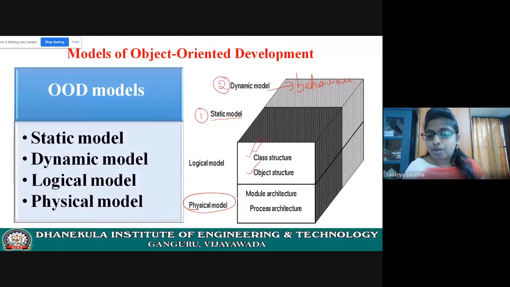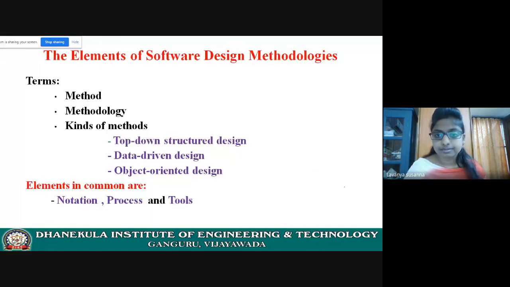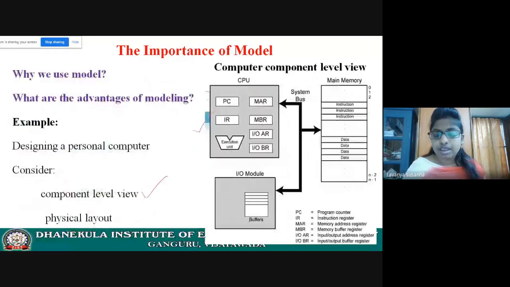Here, the physical model represents the module architecture and process architecture. Module architecture is nothing but component level views. Already we have discussed. See here, these are the module architecture, component level view, which represents the logical structure of the components. This is the logical structure of the CPU.